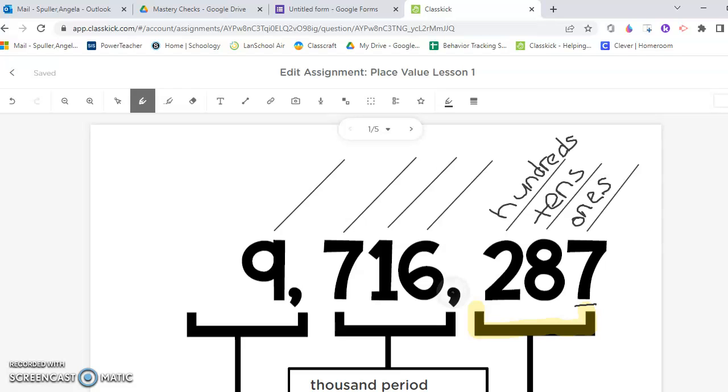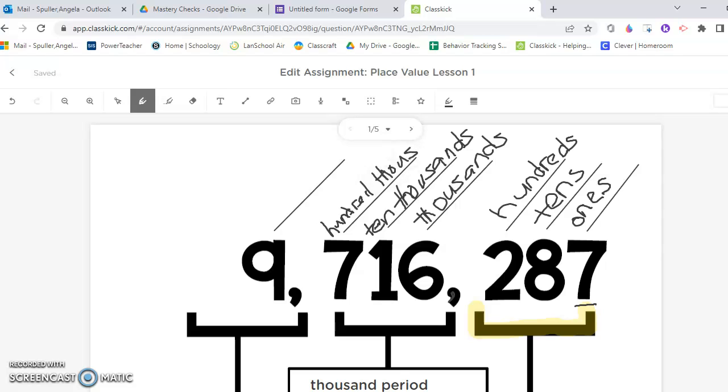Once we get past this comma, we move into the thousands period, and here's why that's important to know. This is the 1,000s, this is the 10,000s, and this is the 100,000s.